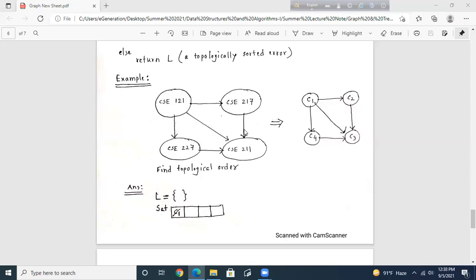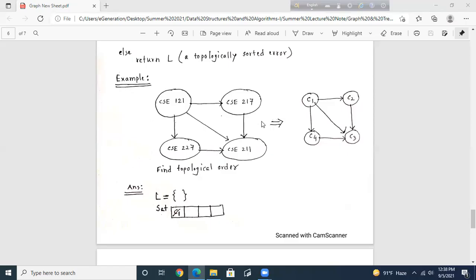Since this graph does not contain any cycle, this graph is an acyclic graph. The direction condition and the acyclic condition are both satisfied, so I can do the topological order.